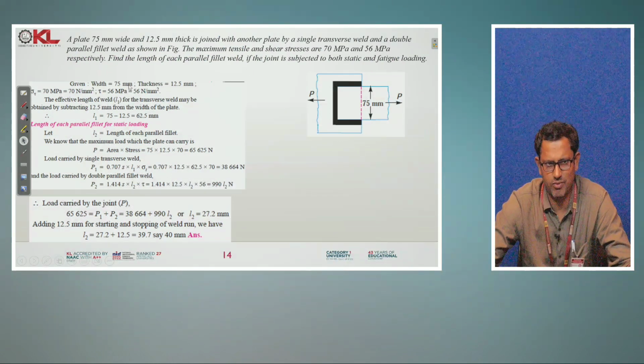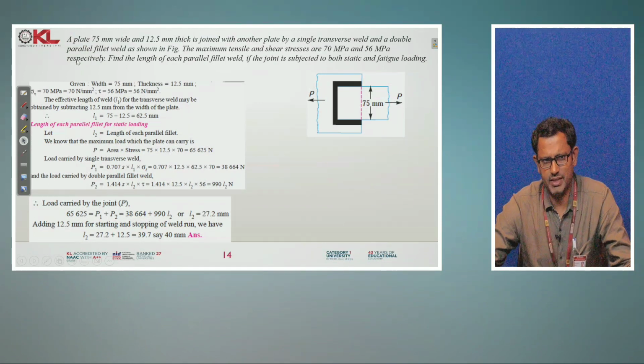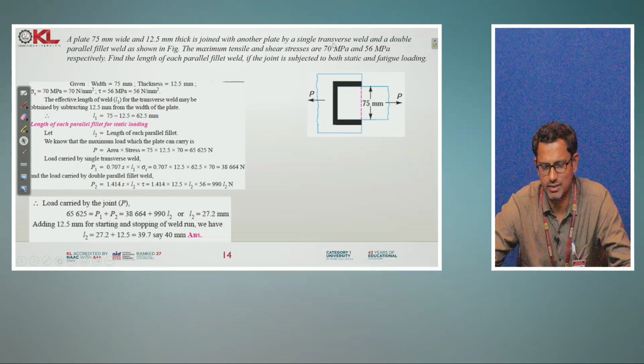Now let's consider one problem here. What it is saying: a plate 75 mm width and 12.5 mm thick is joined with another plate by a single transverse and a double parallel fillet weld as shown in the figure.